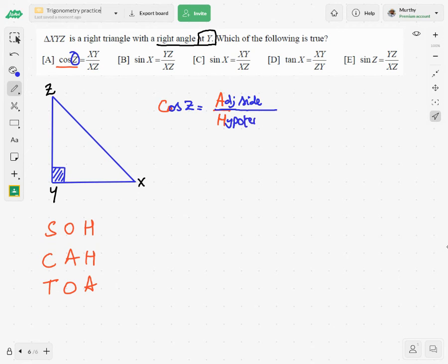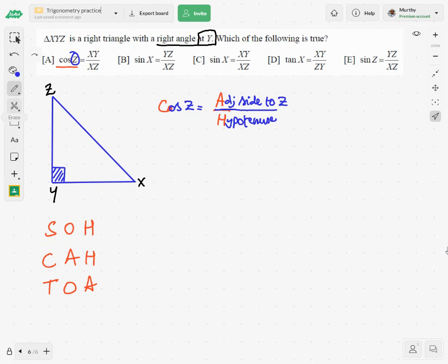If you are lazy, your eyes may go to the wrong side, which is not correct, because the question is the adjacent side to Z. Here I see the letter Z, so let me use the same letter here.